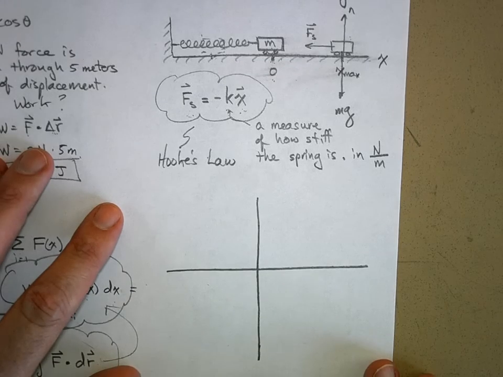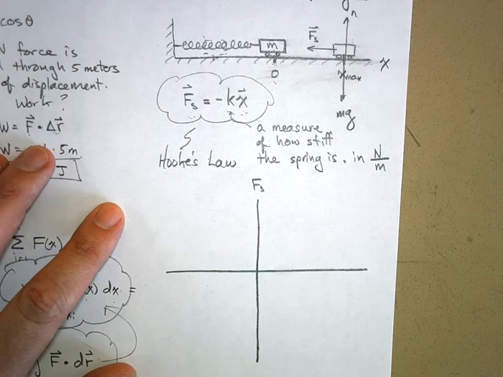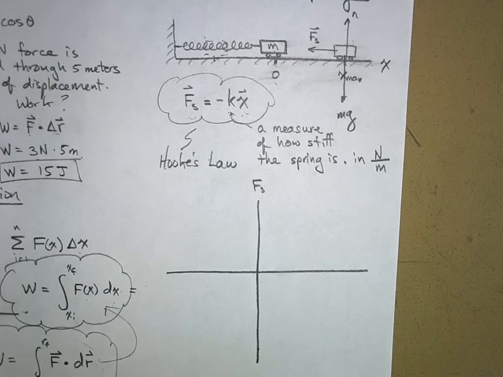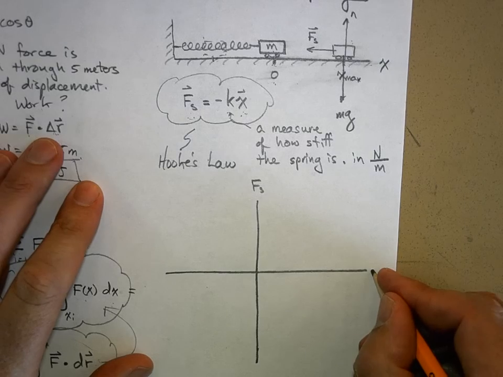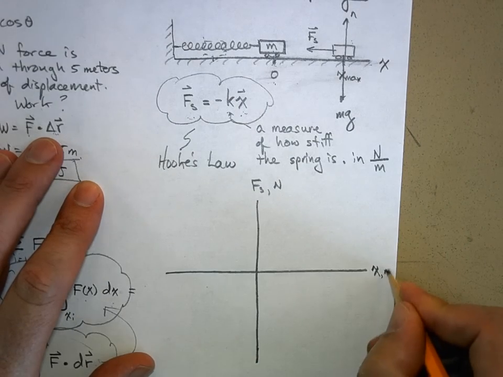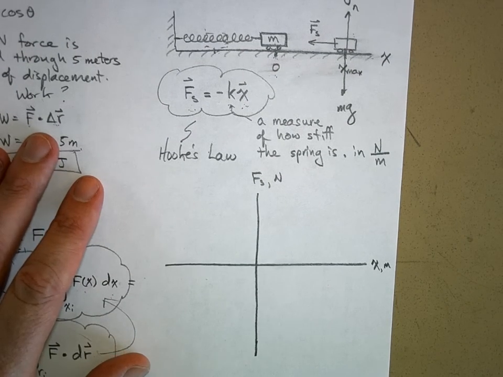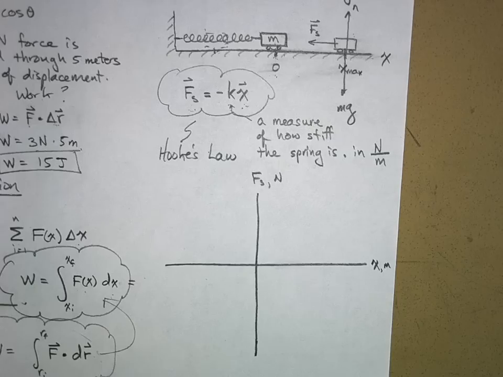So this is going to be the force applied by the spring on my object. And this is going to be position. This will be measured in newtons. This is in meters. Although I'm going to keep it qualitative here. I'm not going to put any numbers. And what we're going to do here, straight edge.